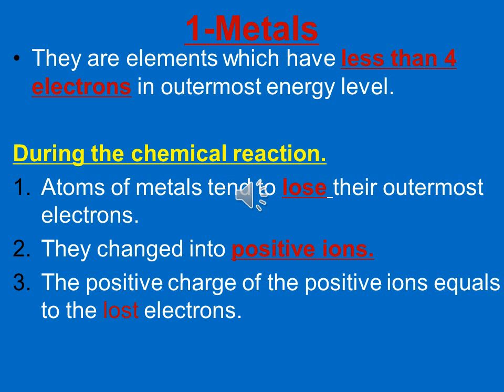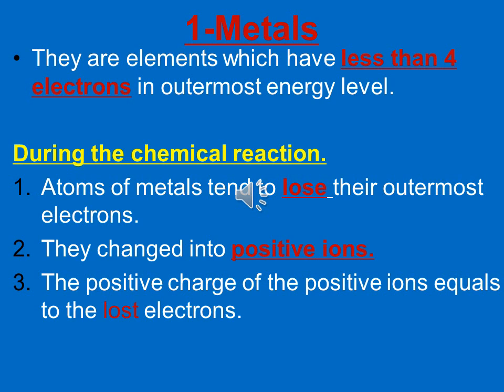So the number of energy levels increases, and this makes the size of the atom larger. Here we give the reason: due to the increase in the number of energy levels.